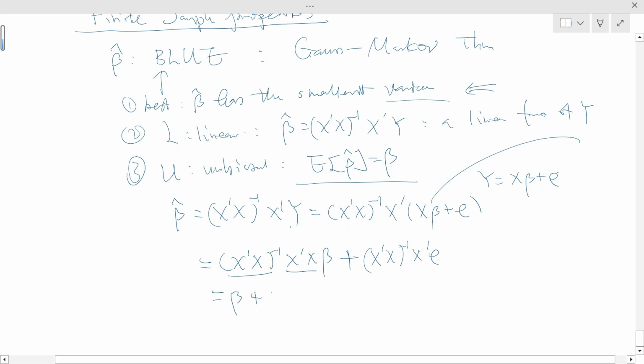So beta hat is the true value beta plus (X'X)^-1 X'e.